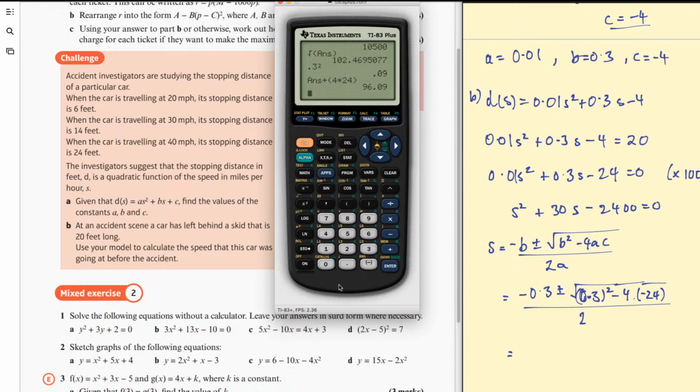I don't know why. So we're going to take the square root of that answer and then subtract 0.3 and then divide by 2.